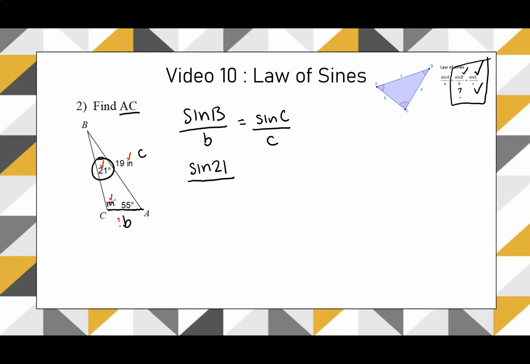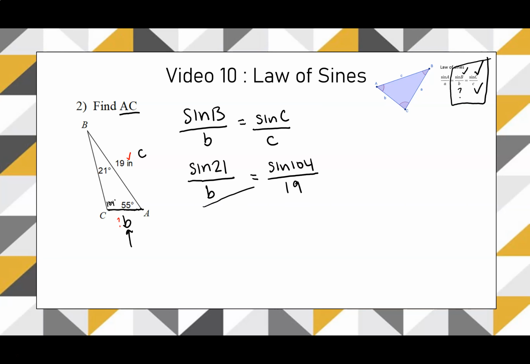That is a common mistake. And then I'm looking for B, so I'm just going to write this as B. My C, that's the one we found right here. That's 104. So that's going to be sine of 104 divided by C. Well, what's C? Obviously, it's right here. That's that 19. So that's going to be over 19.